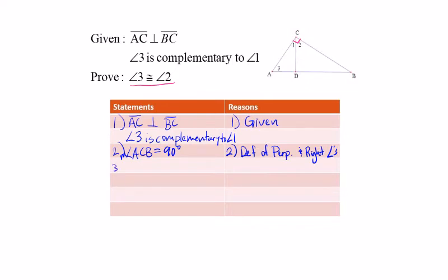So let's start with, the measure of angle 1 plus the measure of angle 2. And let me actually come back a little bit here. So angle 1 plus angle 2 equals angle ACB, right? And we know that because of the angle addition postulate.